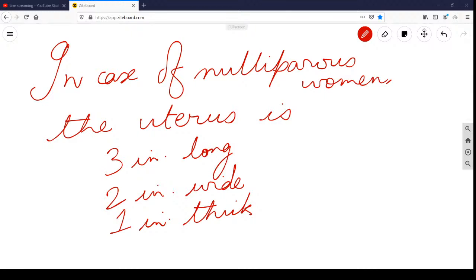Due to the gonadotropin and FSH induced growth, even when atrophy happens, the size will still outgrow the uterus of nulliparous women.